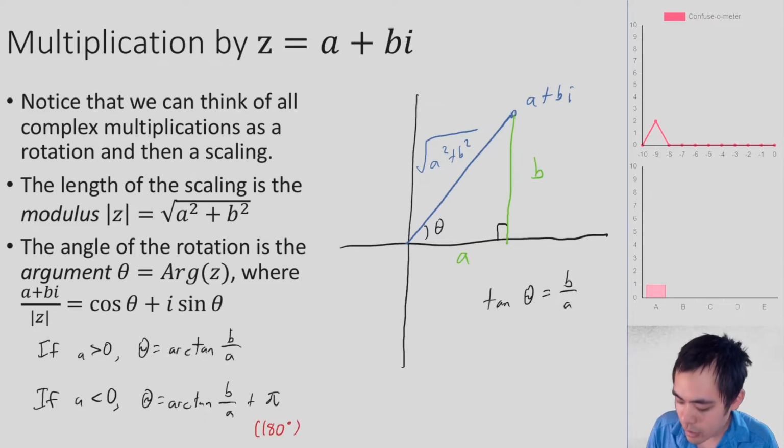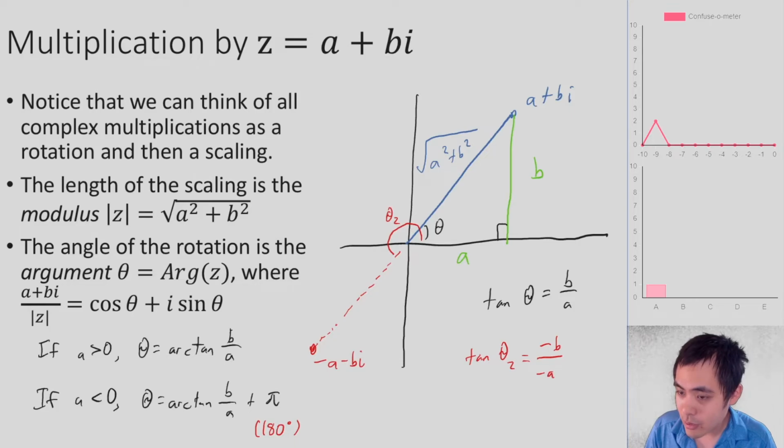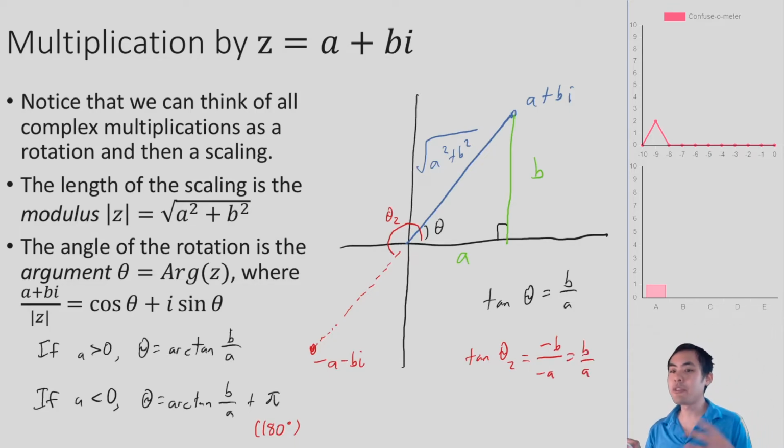If we had the opposite number, minus a minus bi, then tangent of this angle, let's call it theta 2, would be equal to minus b over minus a, which is also equal to b over a. So you can't just take an arctan, because you might be off by 180 degrees. But if you draw out the diagram, that will always get you the correct angle.